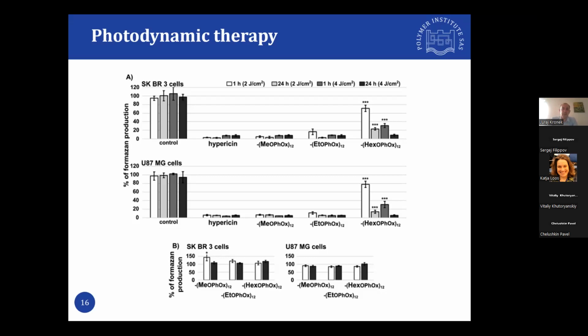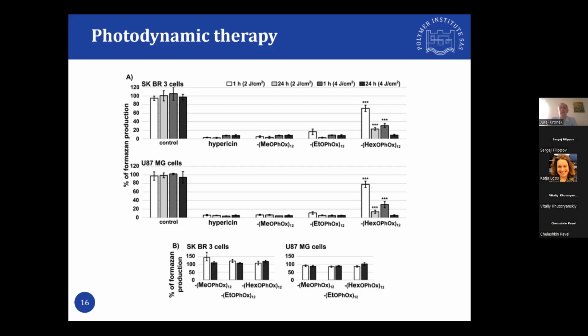You can see that in the case of methoxy and ethyloxy derivatives, with the fast release, the efficiency of photodynamic therapy is very similar to free hypericin, but in the case of the hexyloxy derivative, which is most stable, we observed the extended time necessary for efficient photodynamic activity.